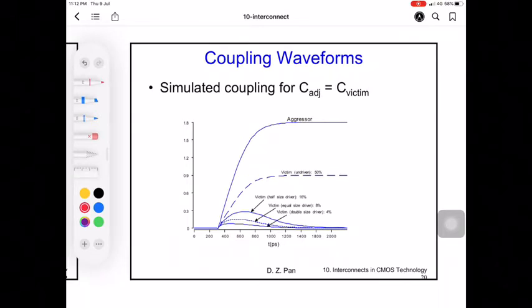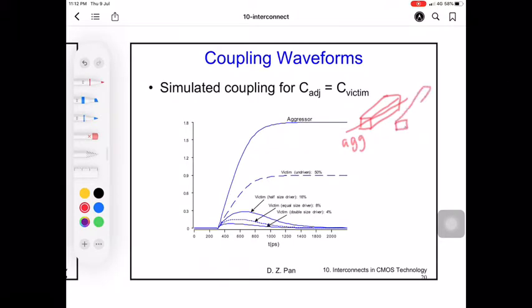So you have two wires here, one is the aggressor and one is the victim. The size of the coupling waveforms are dependent on the size of the victim. As you can see here, an undriven victim will have 50% of the signal, and if the victim has a half size driver, then the signal that is coupled onto it is 16%.